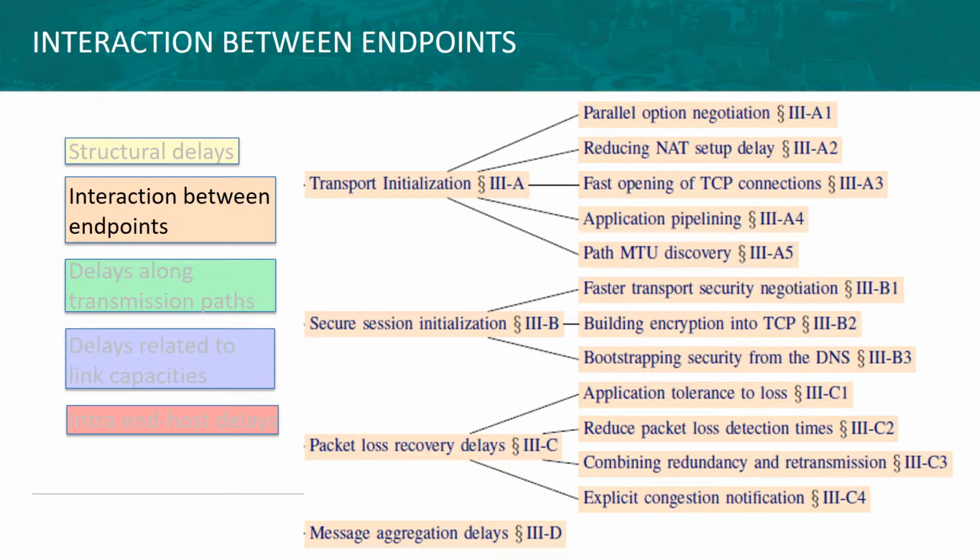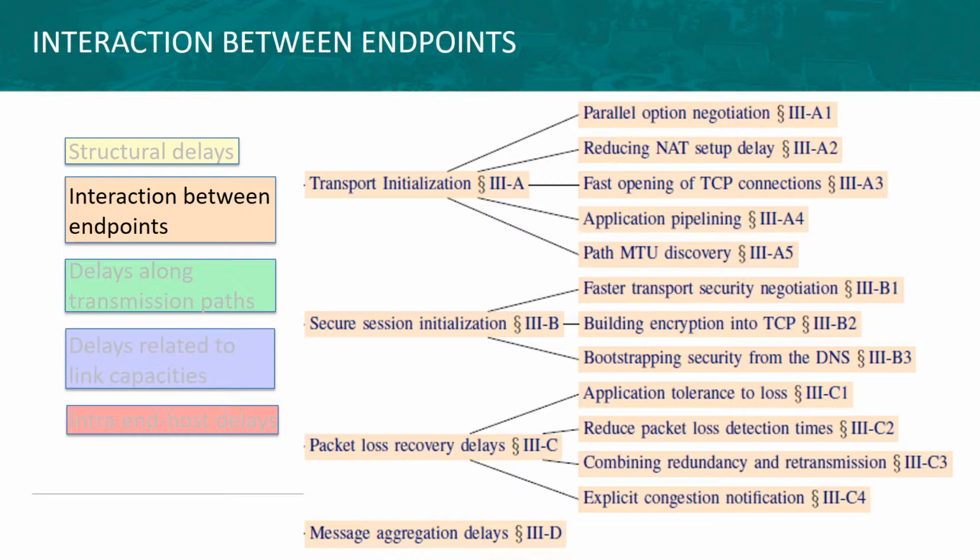So next we have the delays that we encounter as a result of the interaction between endpoints. Here we have, for instance, transport initialization delays. Before two peers want to communicate, you typically set up a connection between these peers, and this connection setup may encounter delays.